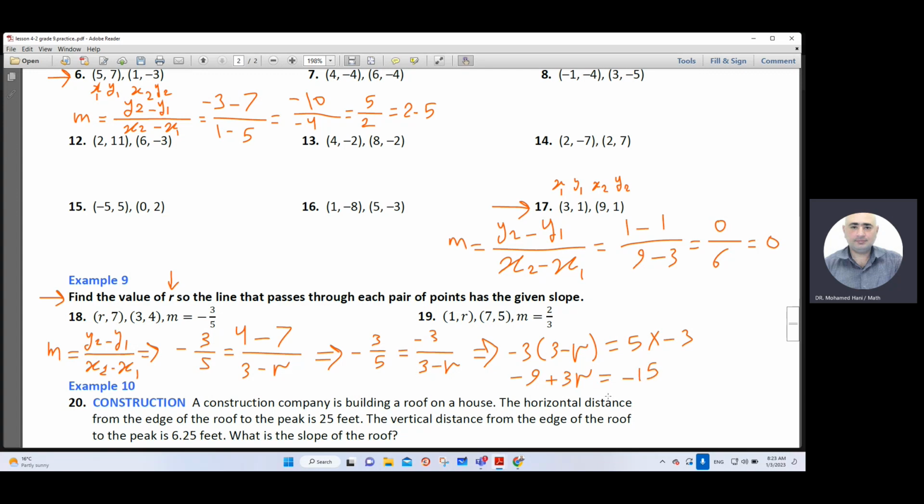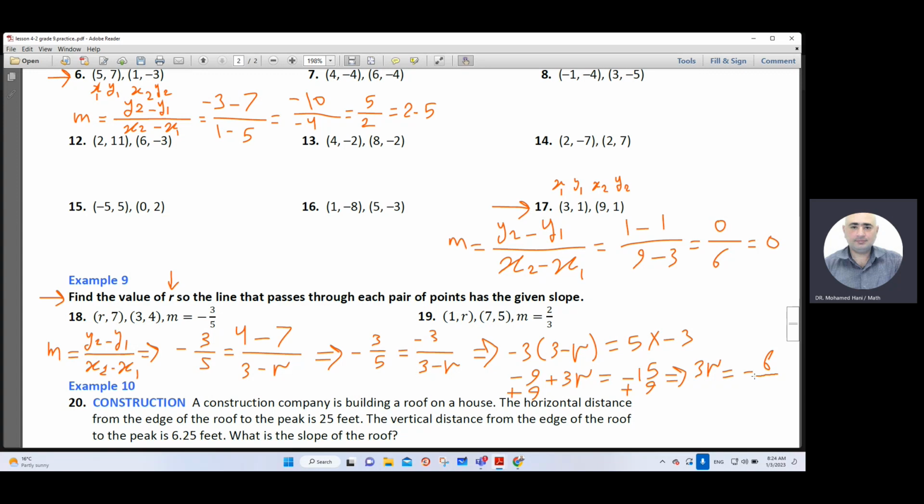Then solve this equation. We want to remove negative 9, so you can add 9 to the two sides. Remains here 3r equals negative 15 plus 9 will be negative 6.